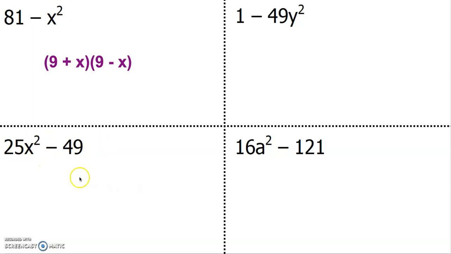So this is a difference of two perfect squares. The thing times itself is what goes in the binomial. So we multiply 5x times itself to get 25x squared, and 7 times itself to get 49. And we have our positive and negative pattern. These two are on your own.